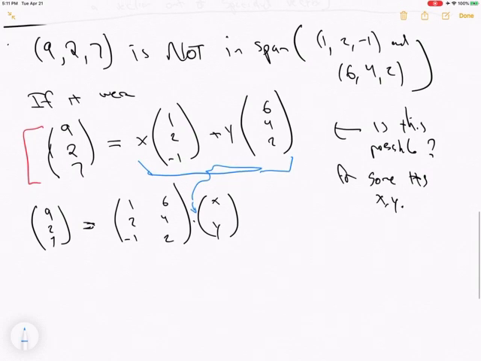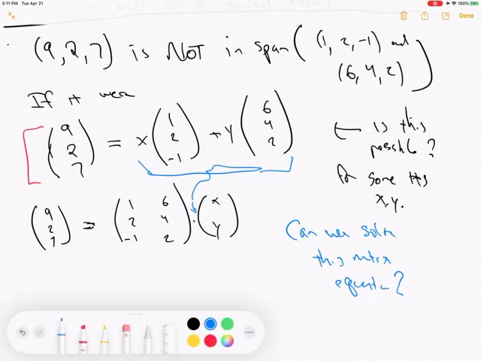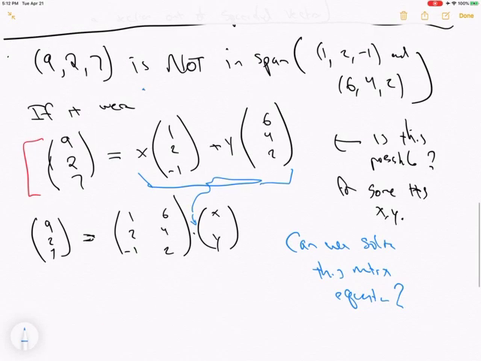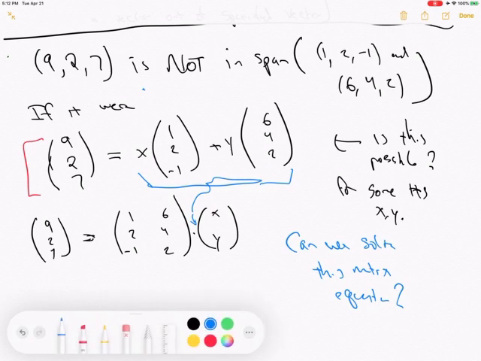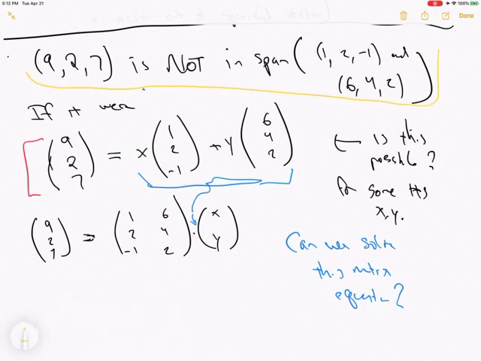So in other words, asking whether or not this vector is in this span is the same as asking, can we solve this matrix equation? The original question is, can we build (9, 2, 7) using these two vectors?